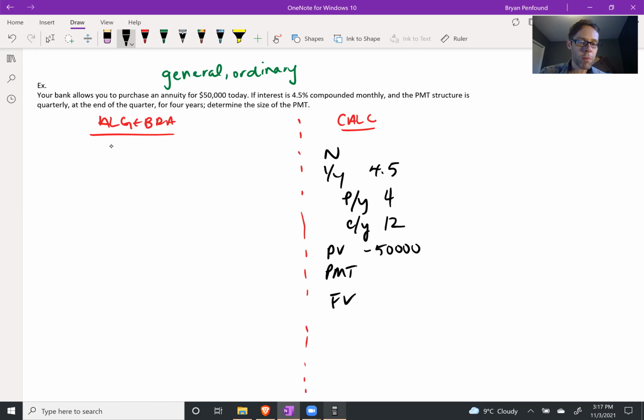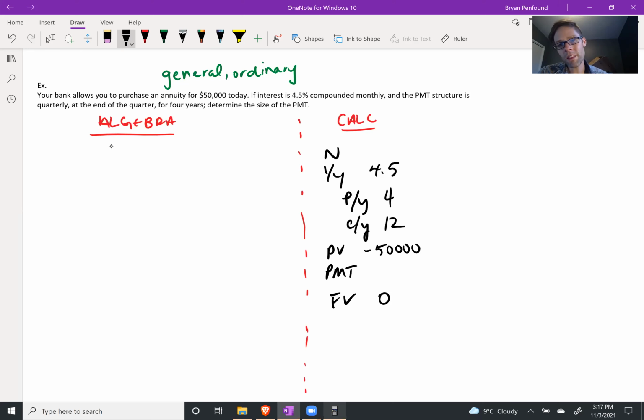We're trying to compute the payment size. What do you suppose the future value of this annuity will be in 4 years? I'm going to assume that after 4 years of these equal size payments, we're going to have kind of blown through the annuity and there's going to be no funds left over after 4 years.